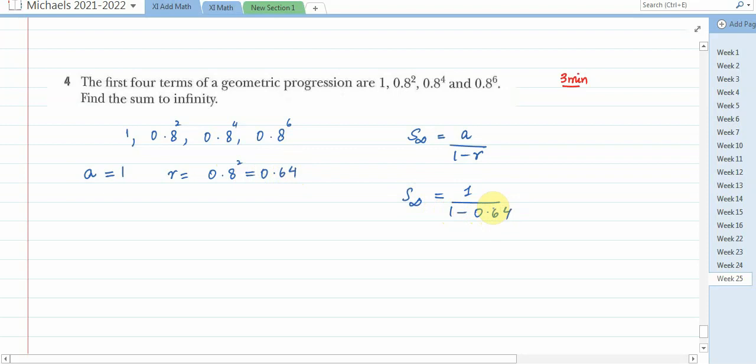So 1 minus 0.64 leads to 0.36. So it's 1 divided by 0.36, which gives 2.77. And that is your answer. I hope the question is clear to you.